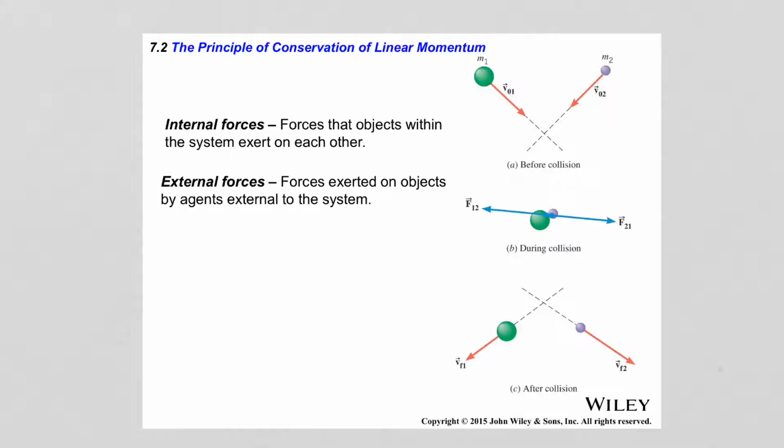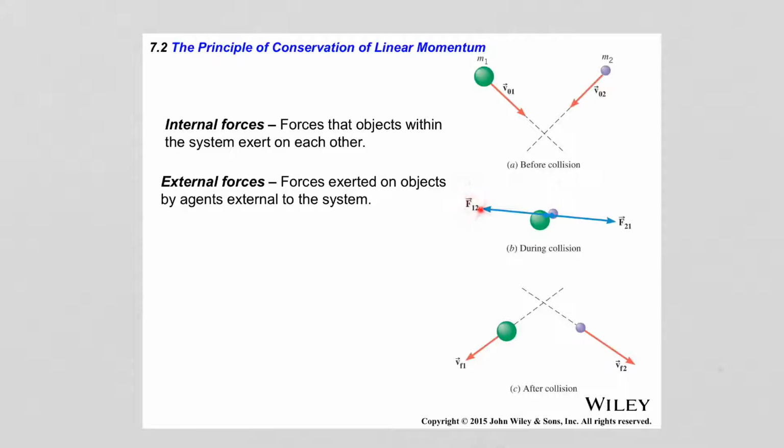Let's look at the forces that are present in that system of two spheres as they interact with each other, and also before and after they collide. So during collision, the two spheres act on each other with a pair of forces that are equal by magnitude and opposite in direction.